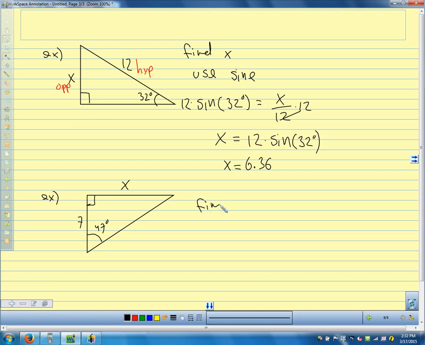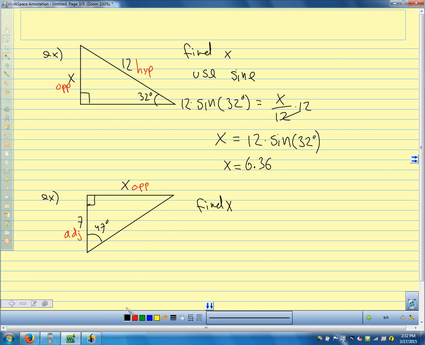And this says find x. We're missing a side. We can't use the Pythagorean theorem because we don't know the other side. We have this angle, so that gives us a hint that we're using trigonometry. So we label our triangle. Is 7 opposite, adjacent, or hypotenuse for this 47 degree angle? Adjacent. X, opposite or hypotenuse?